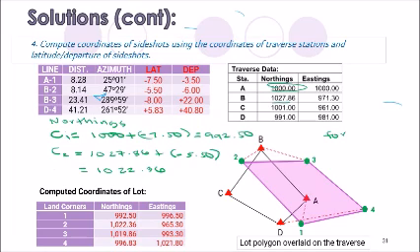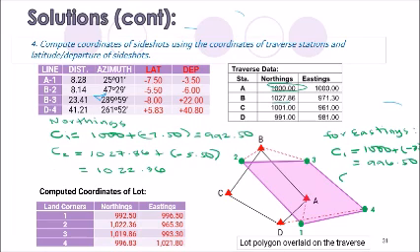Then for the eastings, for corner 1, you have 1000, then plus a negative 3.5, and then you have the answer of 996.50.